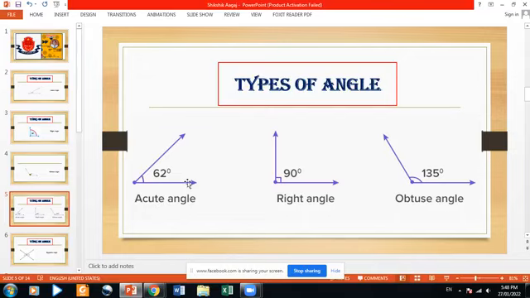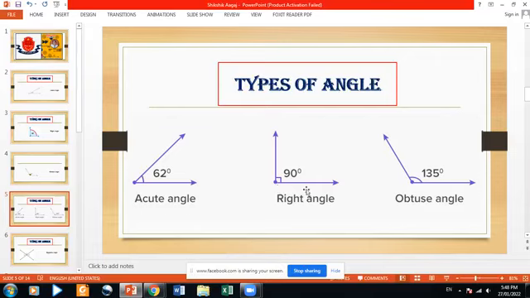When this is one ray and another ray is on the inner side of the vertical, you can say it is an acute angle. When it is perfectly vertical, it is a right angle. But don't make any mistake, you will measure the given angle. If it is 90 degrees, then only it is a right angle.